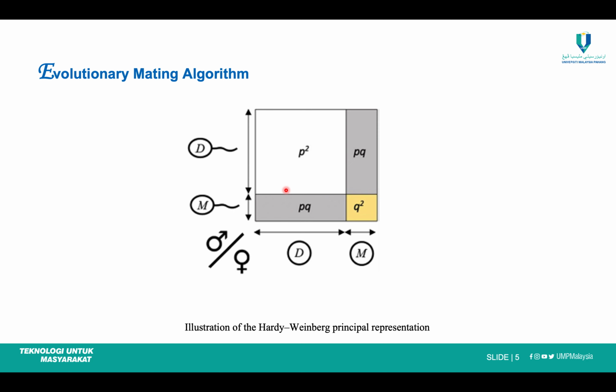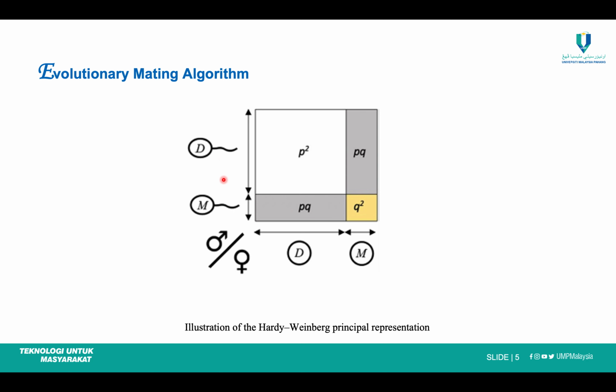Okay, we move to the evolutionary mating algorithm. Basically, it is based on mating algorithms, and we use the Hardy-Weinberg principle, which consists of the phenotype or the genotype that we can contribute to the new offspring.